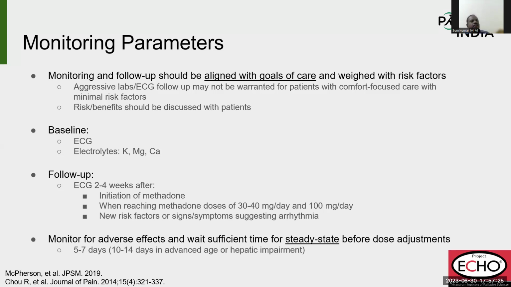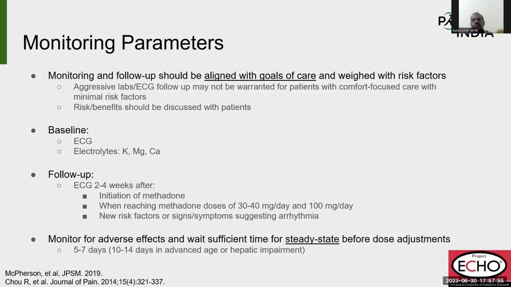Basically, you have to do an ECG to find out the corrected QT interval and electrolytes: calcium, potassium, and magnesium. Because if these electrolytes are reduced, hypokalemia, hypomagnesemia, hypocalcemia, all these can lead to increased QT interval. So these are some investigations that you need to do.